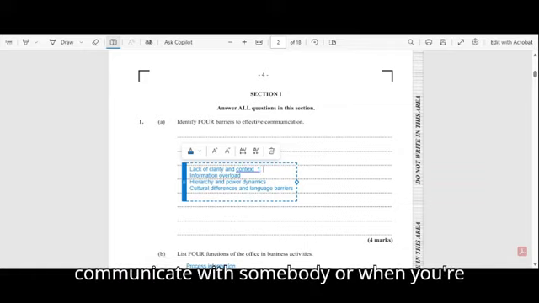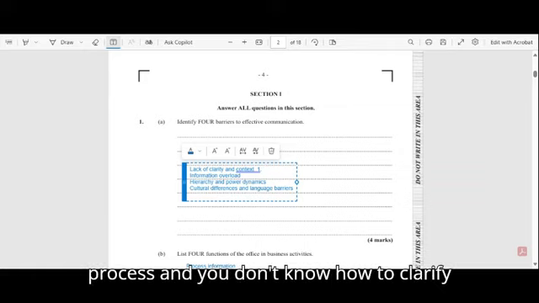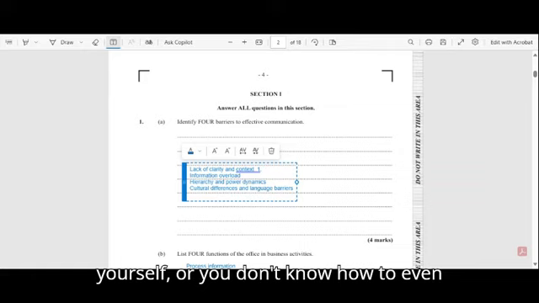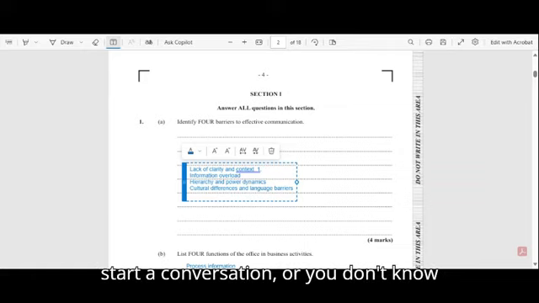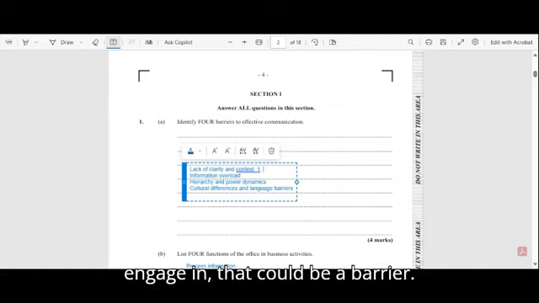When you communicate with somebody, or when you're actually engaging in the communication process, and you don't know how to clarify yourself, or you don't know how to even start a conversation, or you don't know what to ask, that could be a barrier.